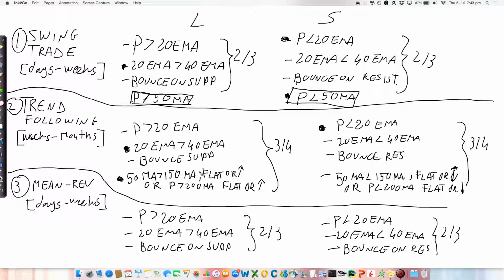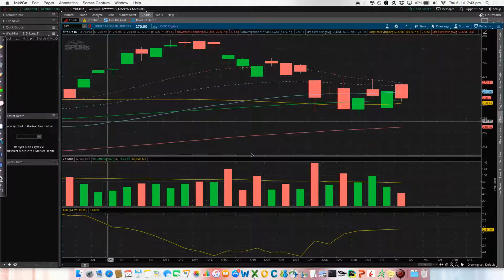Okay? And since we have already done this, here the only condition true is this, and here the condition true is this. So we have 1 out of 3, 1 out of 3. What does it mean? That today I will not take any position at all. No short, no long.